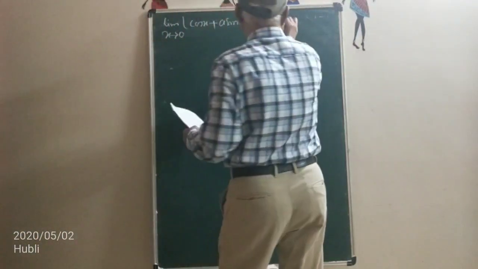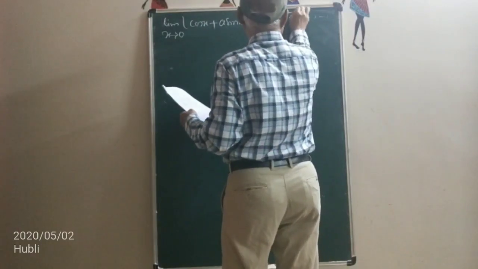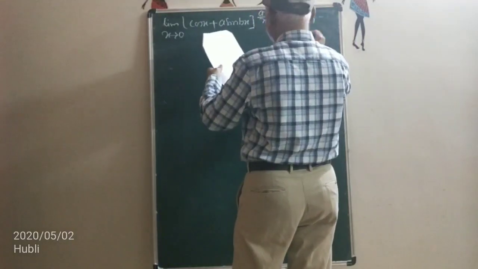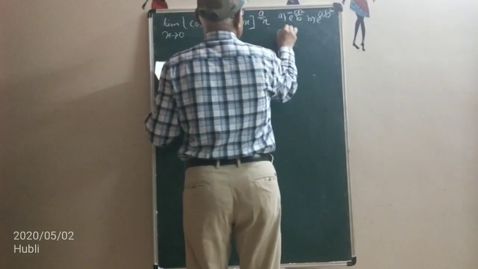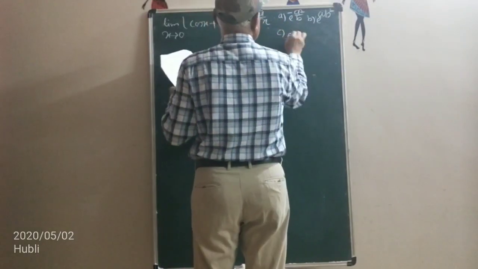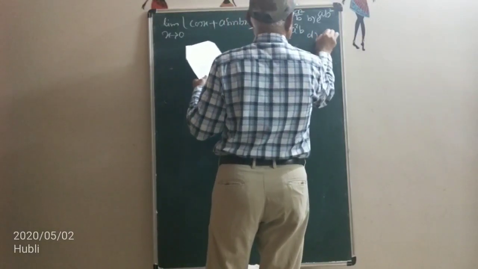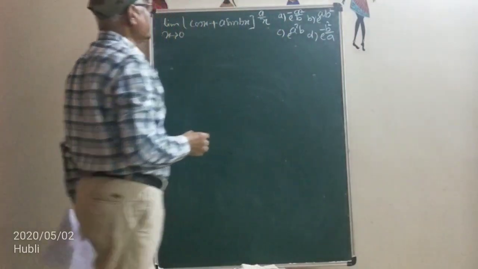The options are: the first option is e raised to minus a square upon b. Second option, e raised to ab square. Third option, e raised to a square b. And the last one is e raised to minus b square divided by a. See all the options now.